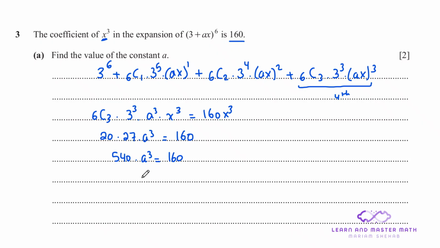Divide by 540, a cubed will be equal to 160 over 540. If you simplify this by 20, this will be 8 over 27. Doing the cube root to find a, the cube root of 8 over 27 is equal to 2 over 3.